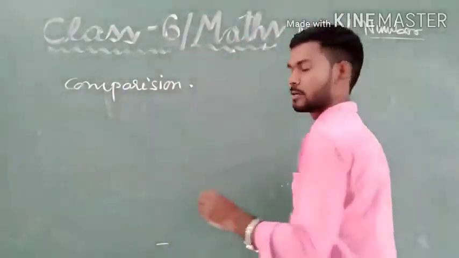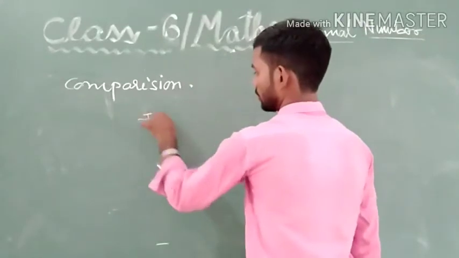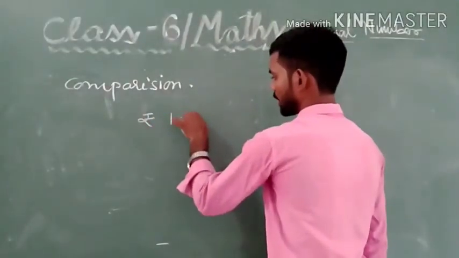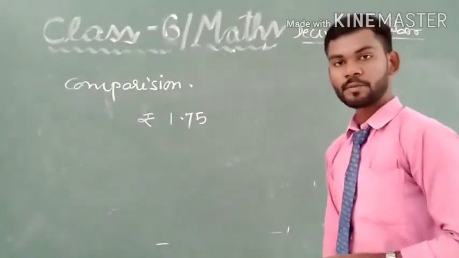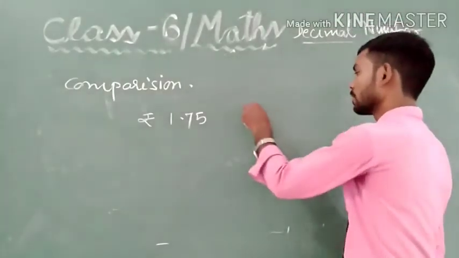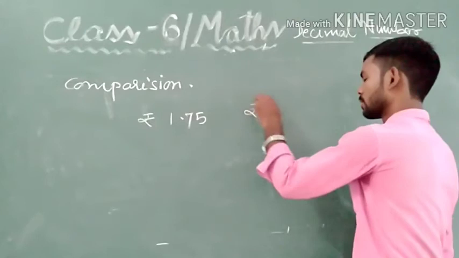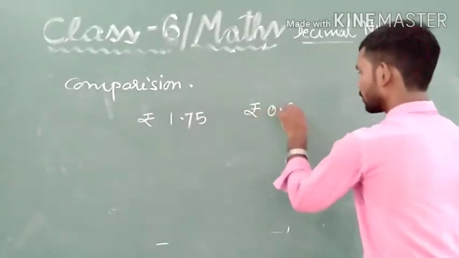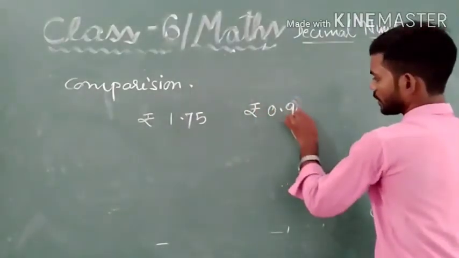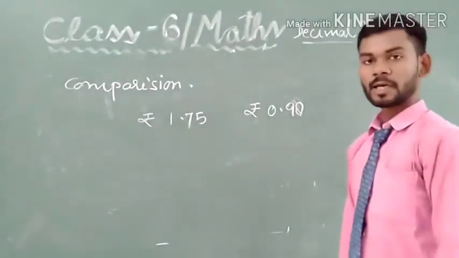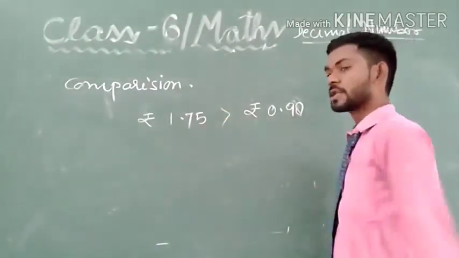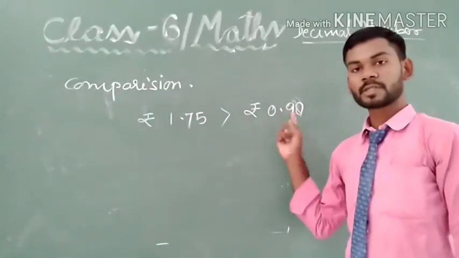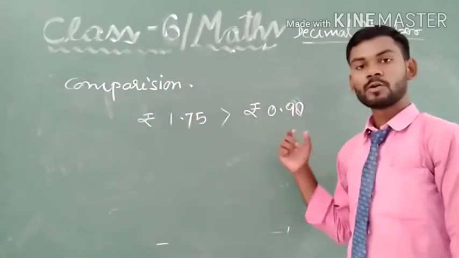If I write 1.75 rupees and here I write 0.98, then if I ask which one is greater, you will say that 1.75 is greater than 0.98. Why?